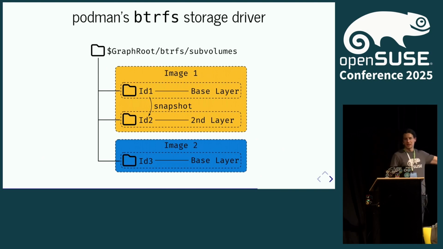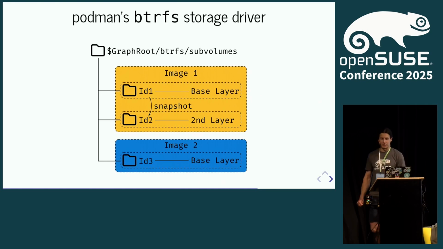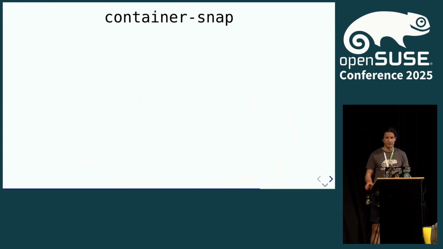That means, in principle, how about we just switch the image itself as the default subvolume? And then we could, in principle, boot from it. And that's actually it. The project, which I called Container Snap, I implemented at least the basics of during the last Hack Week, I think in November, December last year.